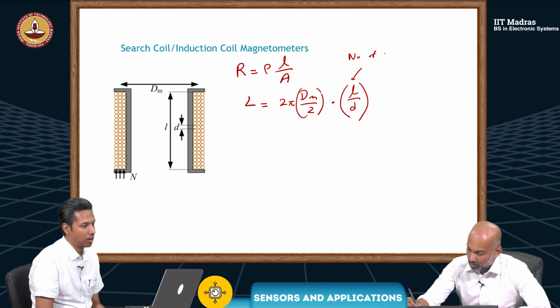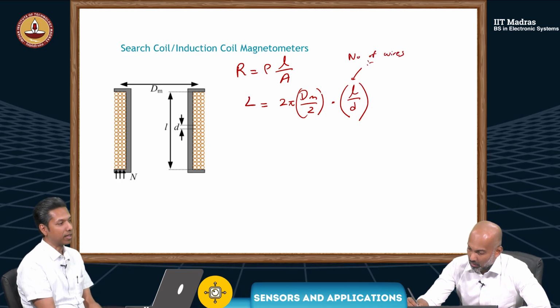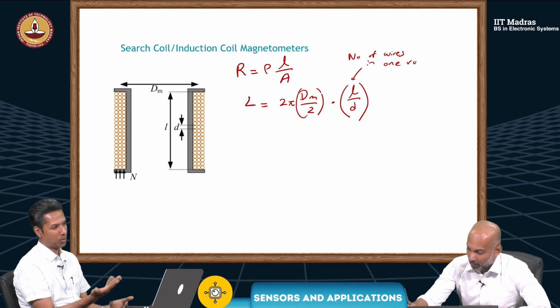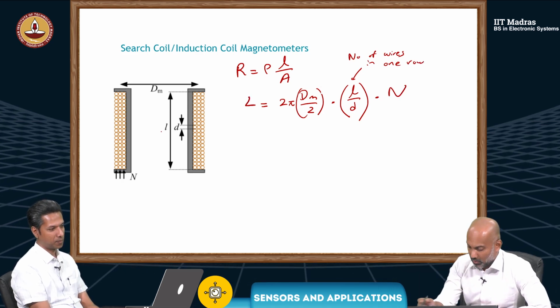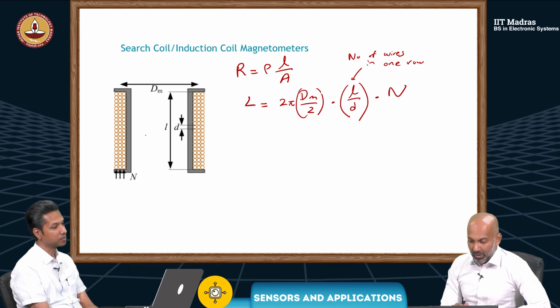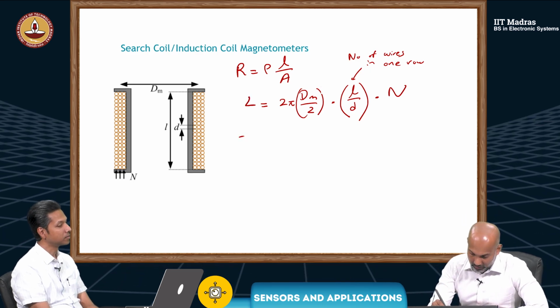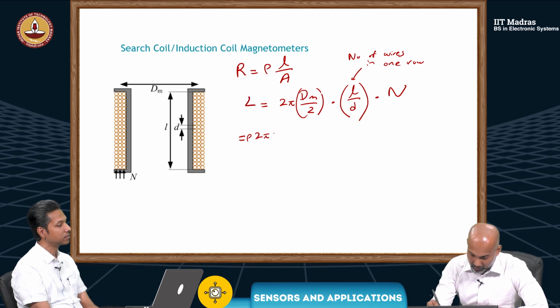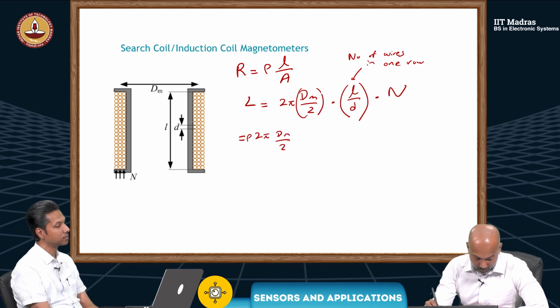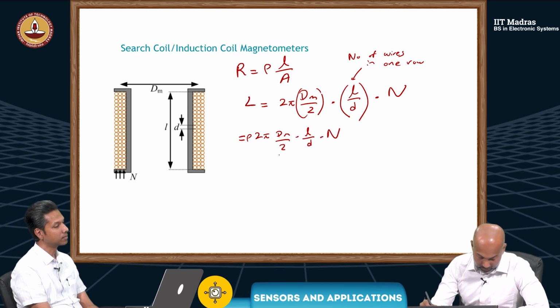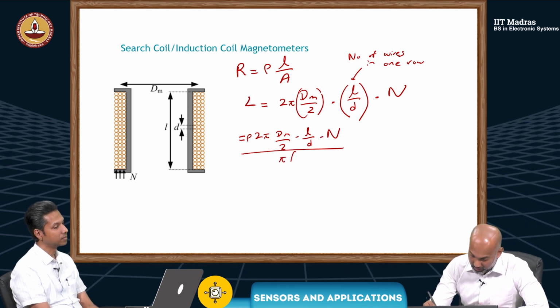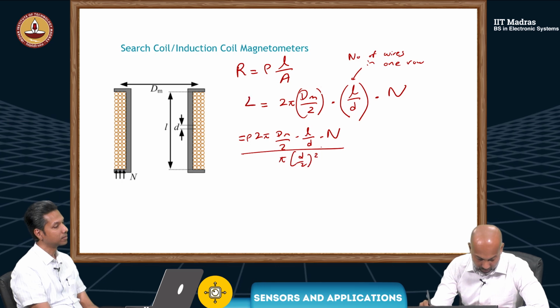Like that, you have N rows or columns, whatever you call it. This is just for this one diagram. Then you work it out: it's 2 pi dm over 2 times L over D times N, divided by pi D over 2 squared.